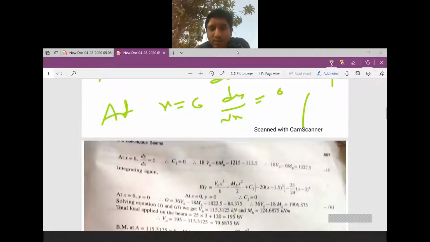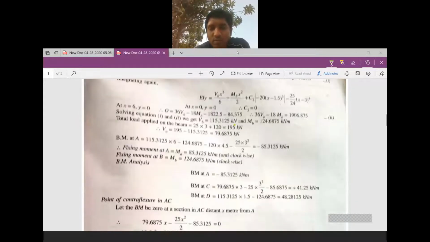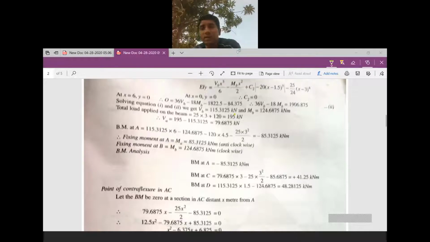VB into 3 minus 25 into 3 square by 2, this one is moment about C. VA into 3 minus 25 into 3 square by 2, here you have minus MA. Then the bending moment at D is VB into 1.5 minus MB.